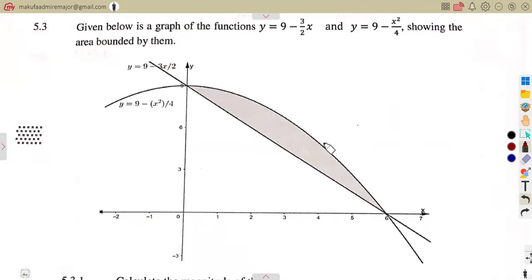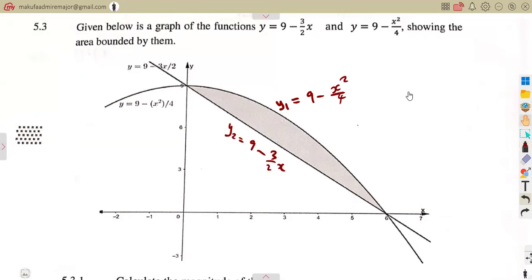So this is the one on top. Can I consider y1, y2, okay? So this is the one on top of 9 minus x squared, so that's 9 minus x squared over 4. And this one, it's of 9 minus 3 over 2x.